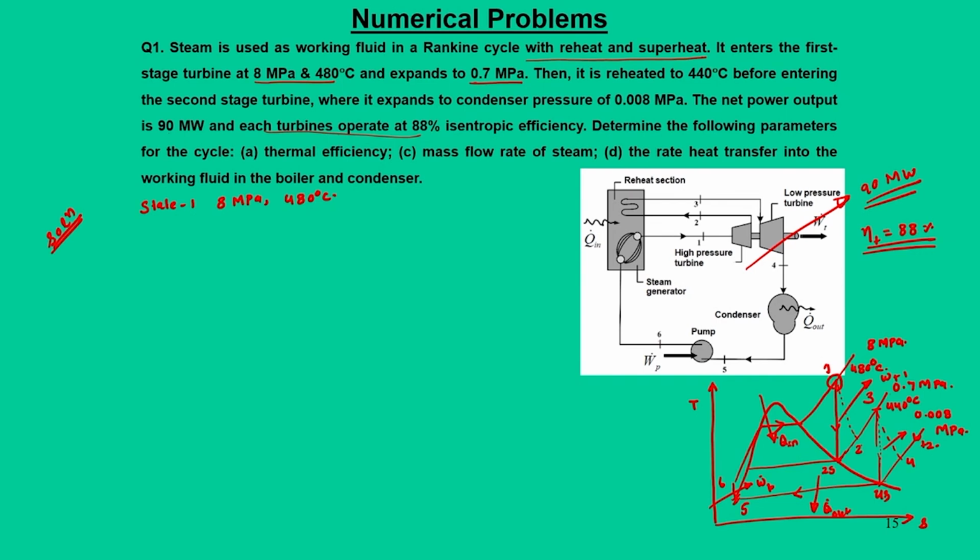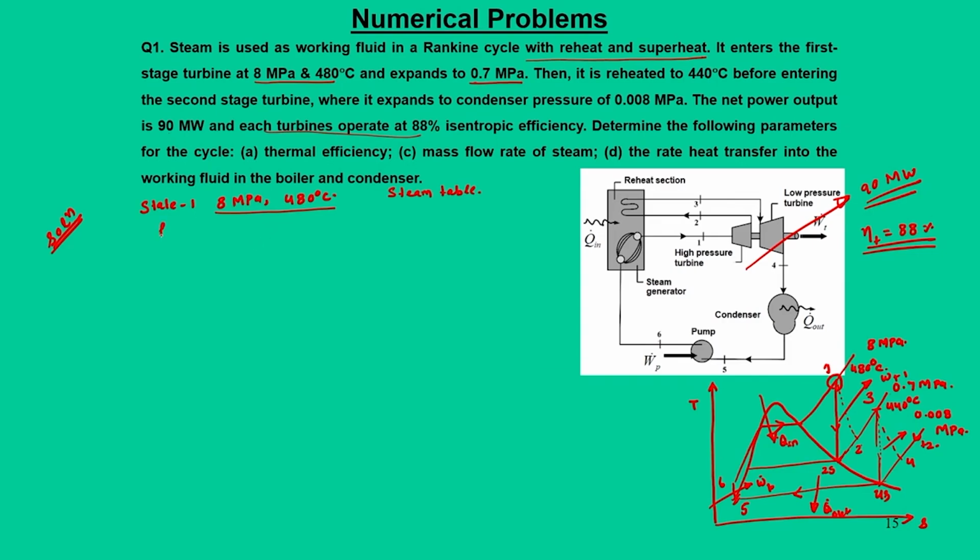This problem is nothing but revisiting the steam table. Once you draw this cycle diagram, it is possible to note down all the thermodynamic states from the steam table. Now, let us look at the superheated steam table at 8 megapascal and 480 degree centigrade.